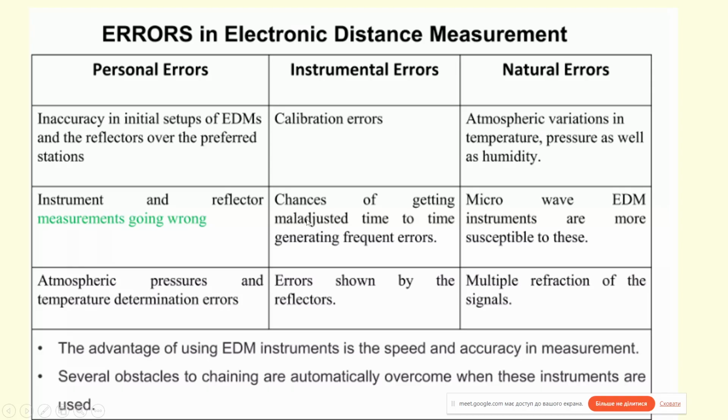Main errors in electronic distance measurements are very similar to errors while we make surveys with the stadia method. First of all, personal errors.